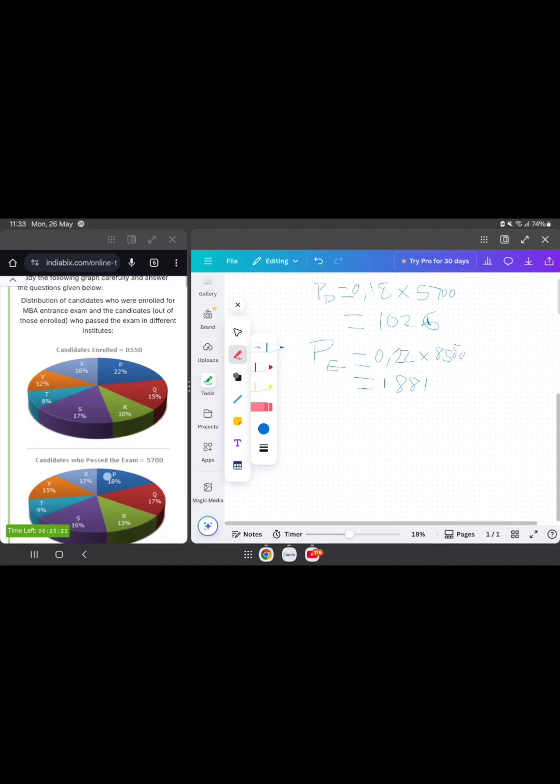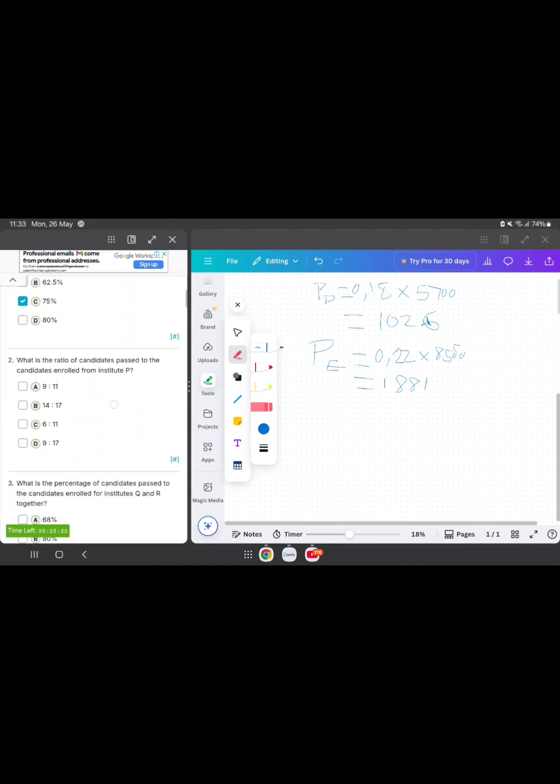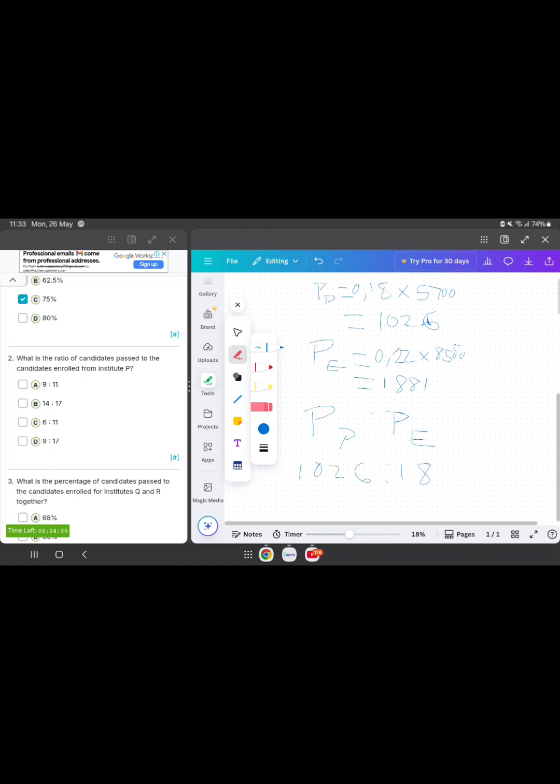From the question we need the ratio of passed to enrolled, so we need PP to PE, which is 1,026 to 1,881.